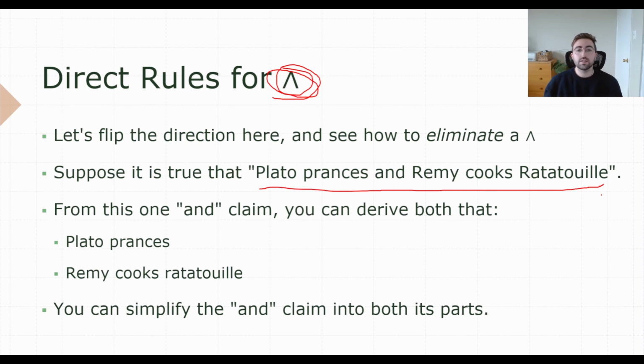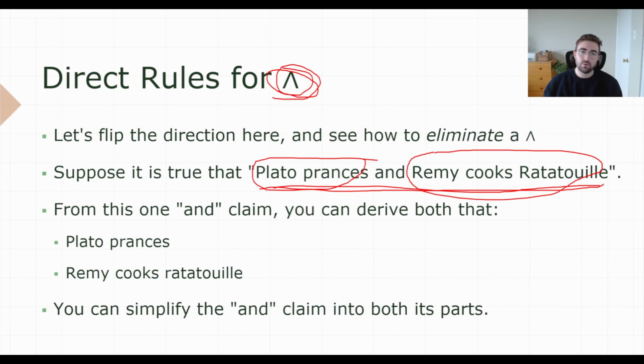Well, if that's the case, then we know both that Plato prances and separately that Remy cooks ratatouille, right? Because for this whole sentence to be true, each part of it needs to be true, right? This part needs to be true, and this part needs to be true. So from this big long claim, Plato prances and Remy cooks ratatouille, we can derive both the following things. We can derive that Plato prances, and we can derive that Remy cooks ratatouille.